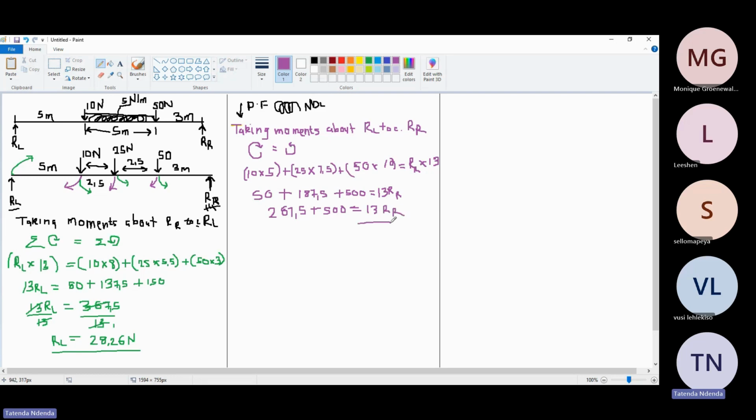So we divide everything by 13, so this one cancels this one, meaning that our RR equals what? 72.11.